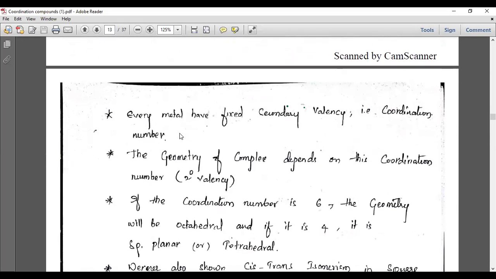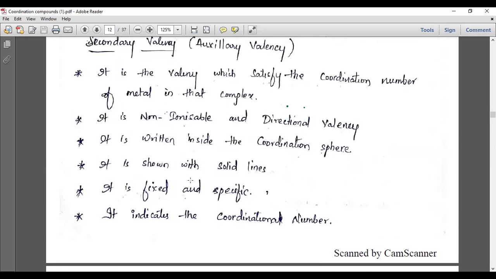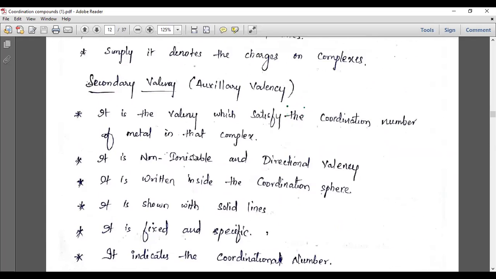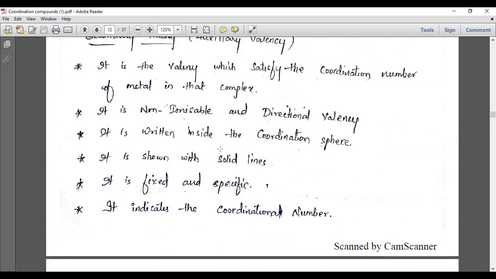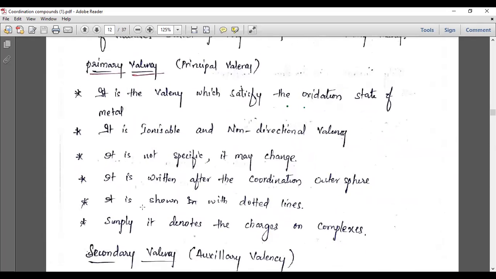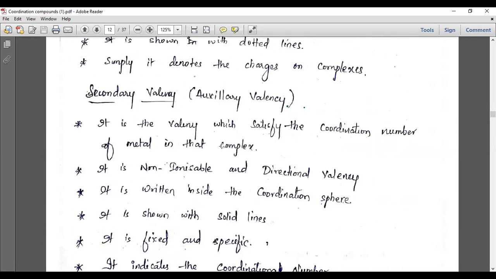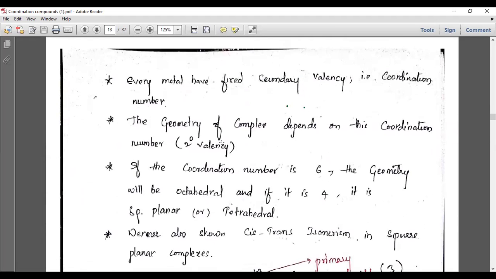Now let us understand these things. The secondary valency is fixed and specific, it will never change. But the primary valency is not specific, it may change. You will understand that as we go ahead. Let us see what exactly he said again. So he said, simply see here.